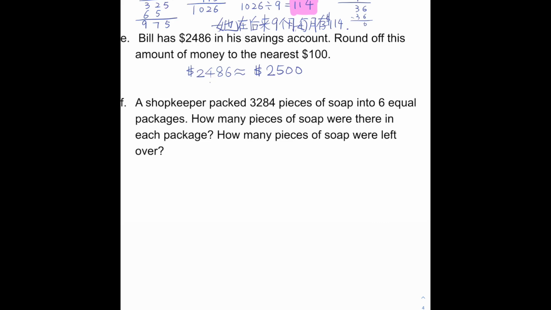Question F. A shopkeeper packed 3,284 pieces of soap into 6 equal packages. How many pieces of soap were there in each package?